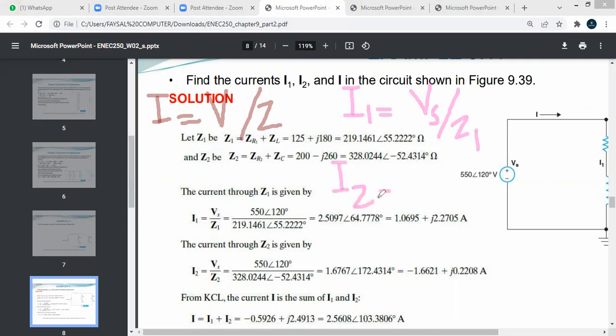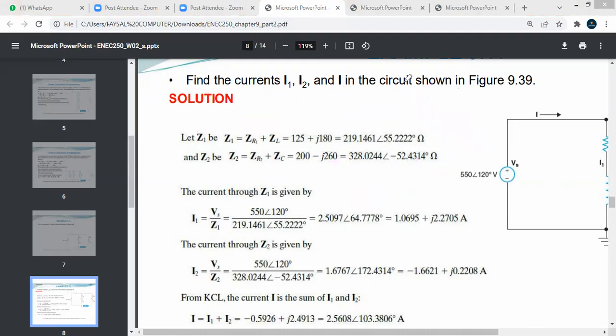So I2 value will again be V upon Z, so it will be Vs divided by Z2. So first we have to find the values of Z1 and Z2 respectively.